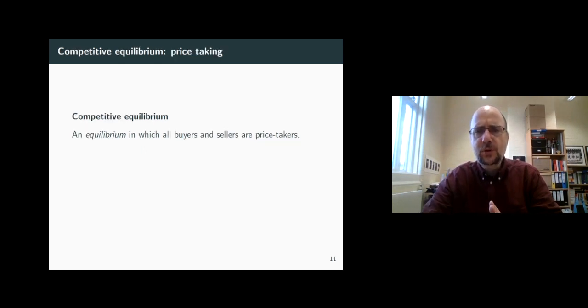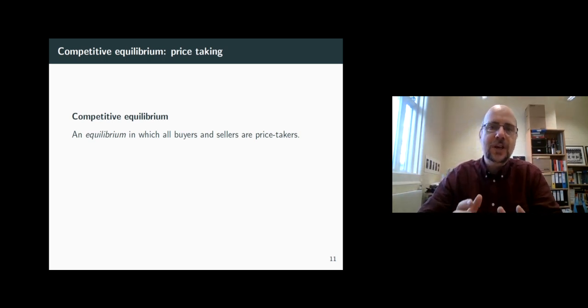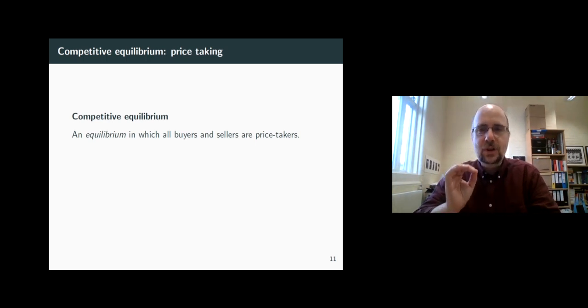But before we move to the seminars, we need to understand a slightly more restrictive class of market equilibria. Equilibria that happen under the assumption that neither the firms nor the consumers can affect the market price in any way. In other words, an equilibrium in which consumers and firms are so tiny relative to the size of the market that they become price takers.